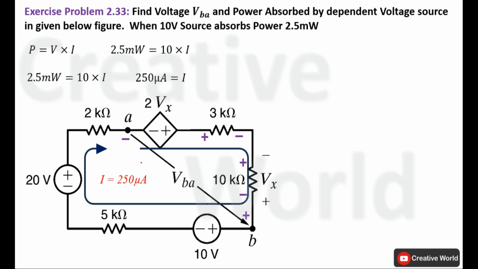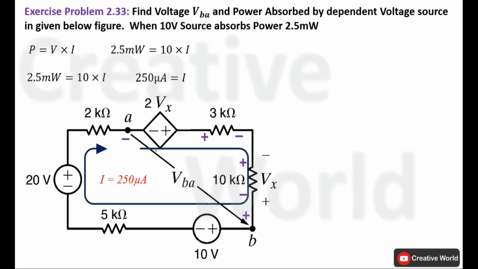We know the value of current inside this series circuit along with its direction, so we can calculate voltage across these resistive elements. The voltage of this dependent voltage source can also be calculated using the voltage value across this resistance. So now we can calculate voltage VBA.